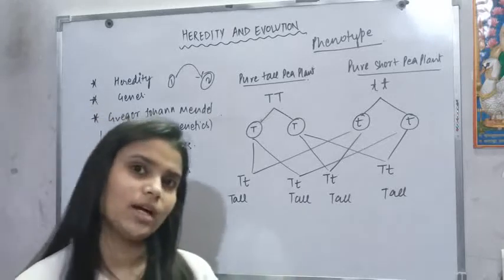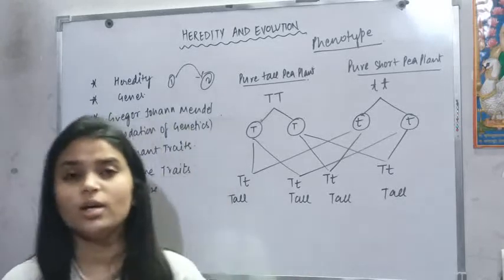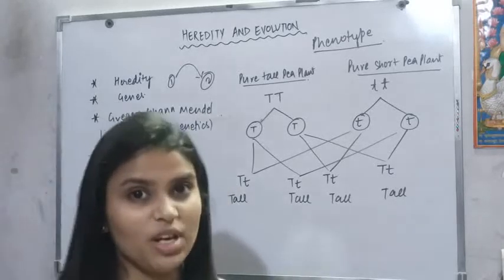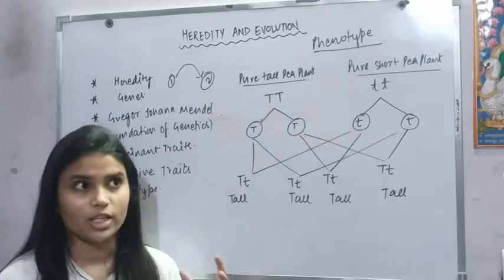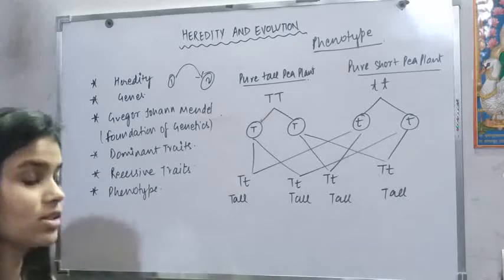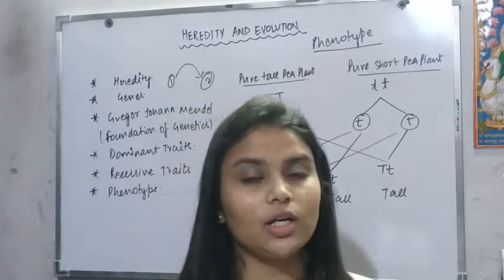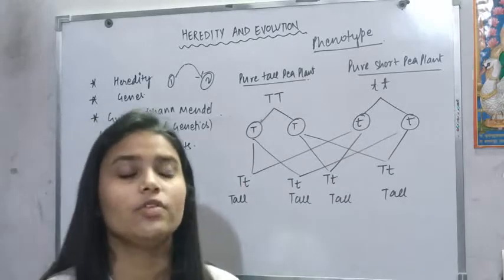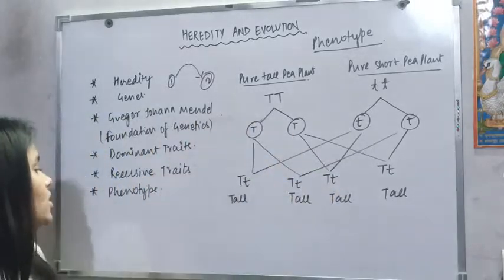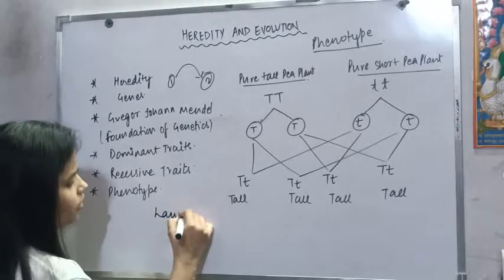Now Gregor John Mendel experimented on the pea plants in his garden, and he gave us the different laws of inheritance. There are 3 laws of inheritance which he gave us. First one is the law of dominance.